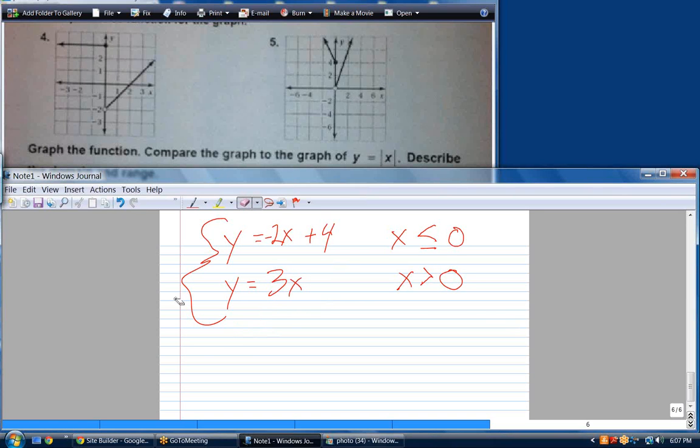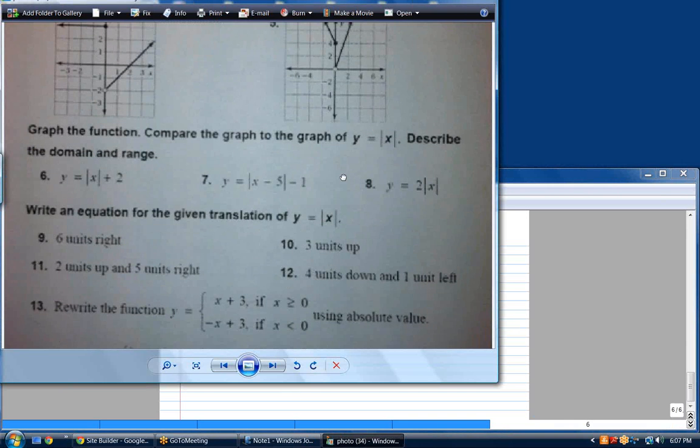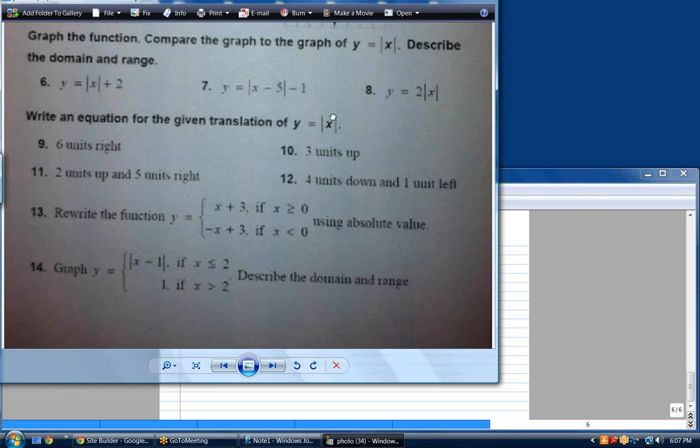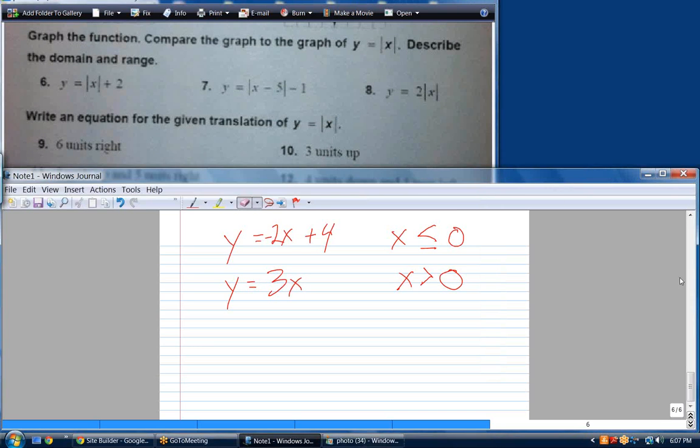Okay. So these are actually pretty simple. It's just two functions in one. All right, let's look at, okay, we're going to graph these functions and compare them to a parent function, the parent function being y equals absolute value of x. And then they want us to describe the domain and range. Well, first of all, let's graph the parent function.